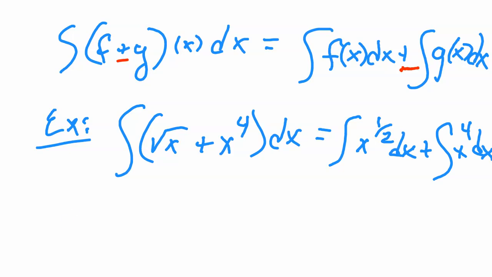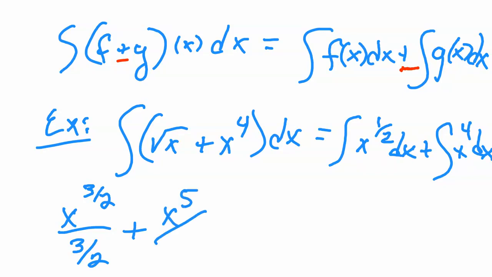So once again, using the power rule, this is x to the, add 1 to 1/2, we get 3/2 divided by 3/2. And then I could say plus c1 here, and plus c2 here, but adding 2 constants is still a constant. So I'm just going to put the constant at the end. So plus c, and then of course this 3/2 we're going to write as 2/3.